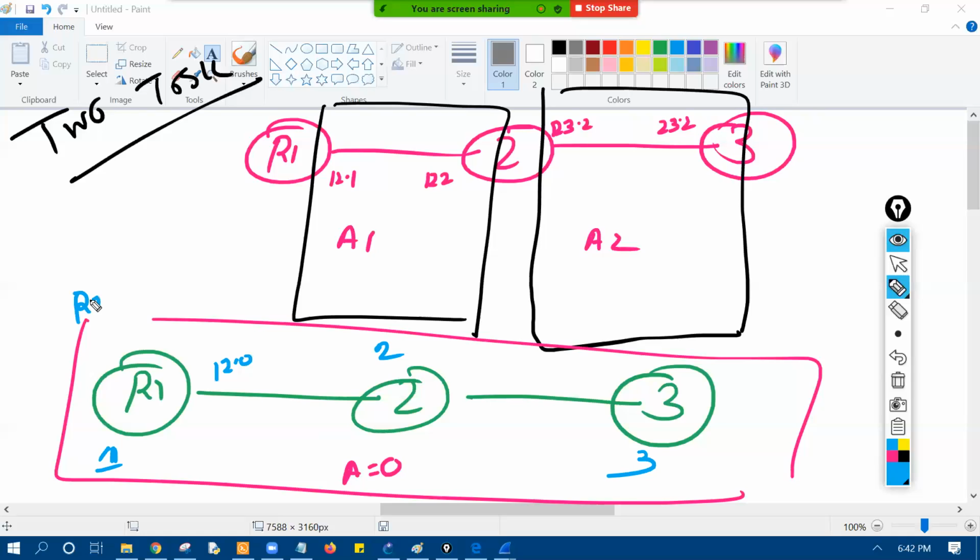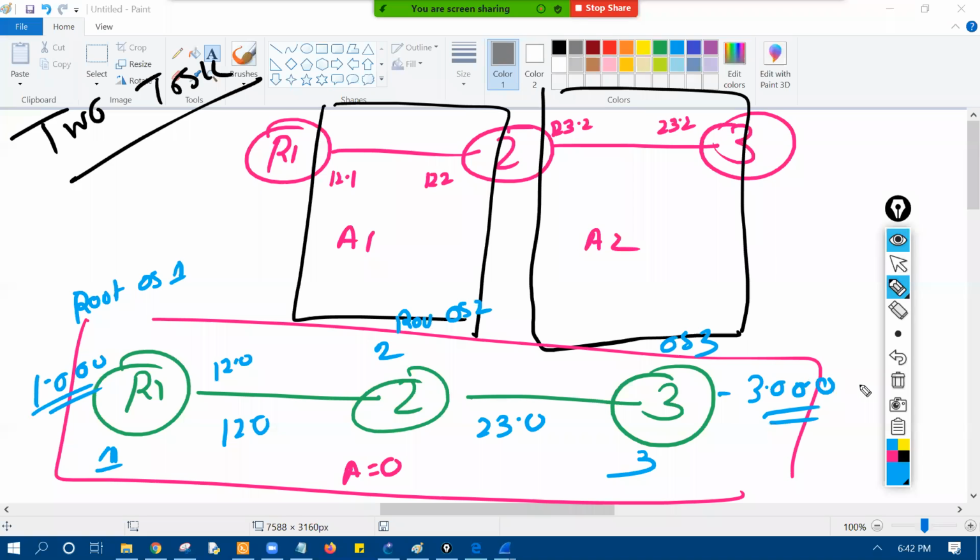Router OSPF 1 on this router, router OSPF 2 and router OSPF 3. Advertise this network and the loopback as well, and provide the communication. Both are basic tasks.